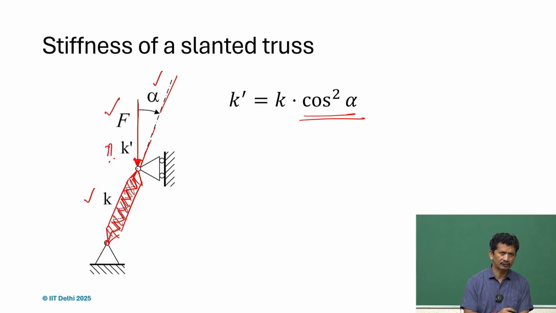So, K is the stiffness of the link, but since it is not aligned and there is a slant alpha, what we realize is that it is cos square alpha. So, if this angle is a little high, this deviation will be very big.